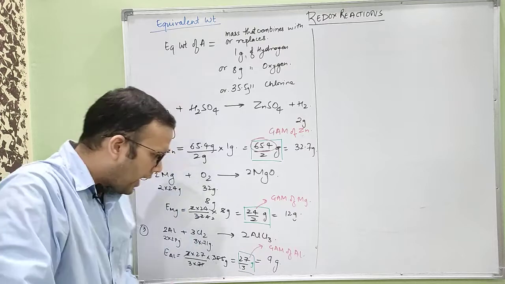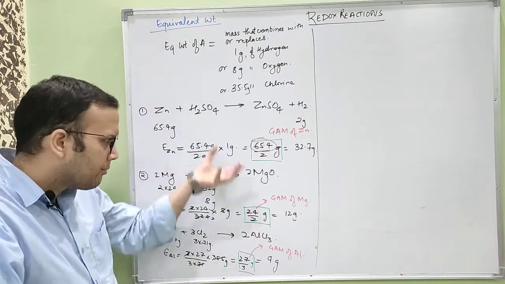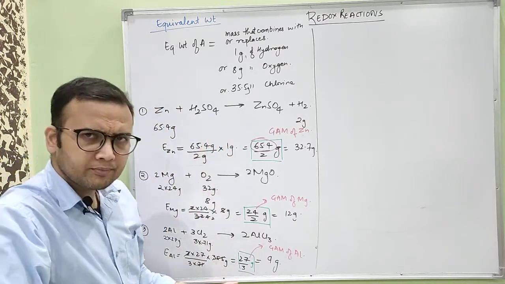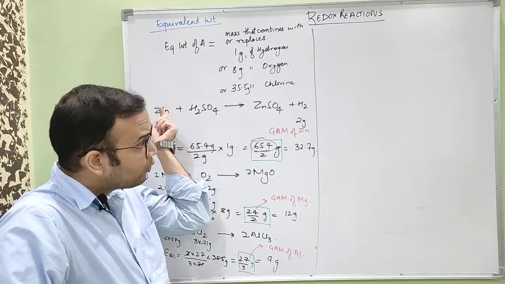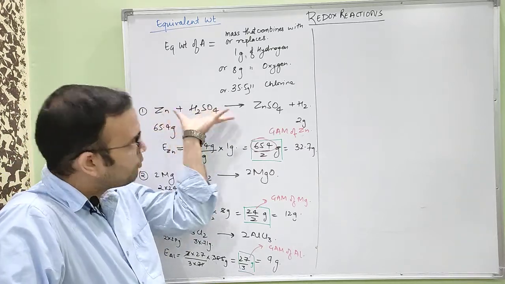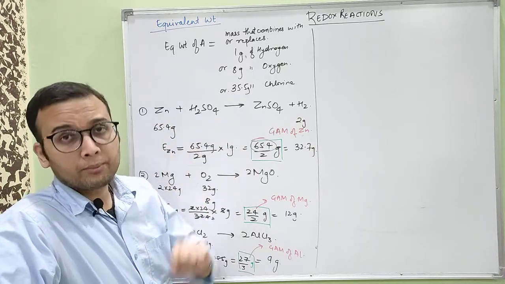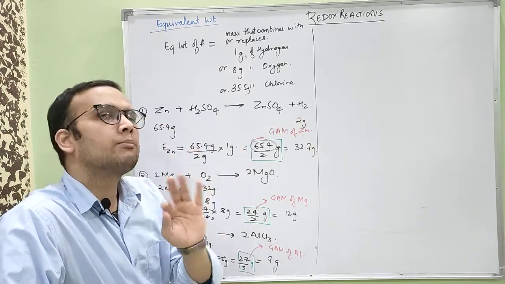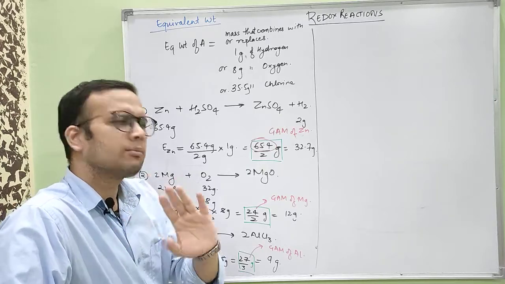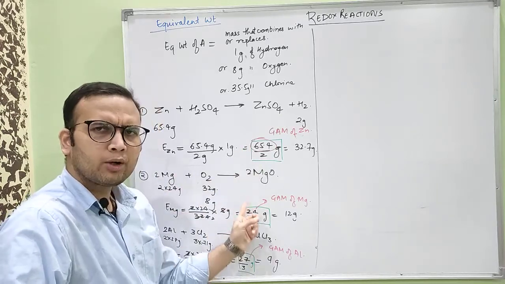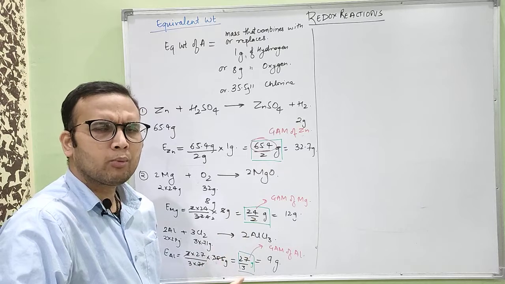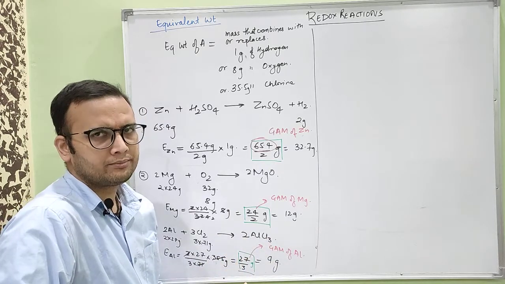So, if we look at it, can we say from these three examples that the equivalent weight of Zn in this particular case is its gram atomic mass divided by some number? For the time being, some number. Here, same: gram atomic mass of Mg by some number. Gram atomic mass of Al by some number.